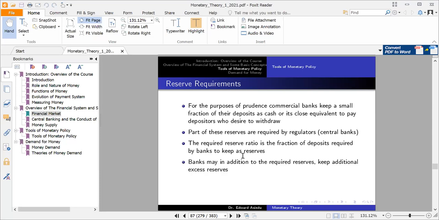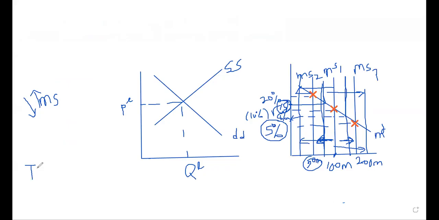However, banks will usually go beyond the required reserve and keep additional excess reserve. So if you took the total reserves at the bank level or in the banking sector in general, you have the total reserves, TR.